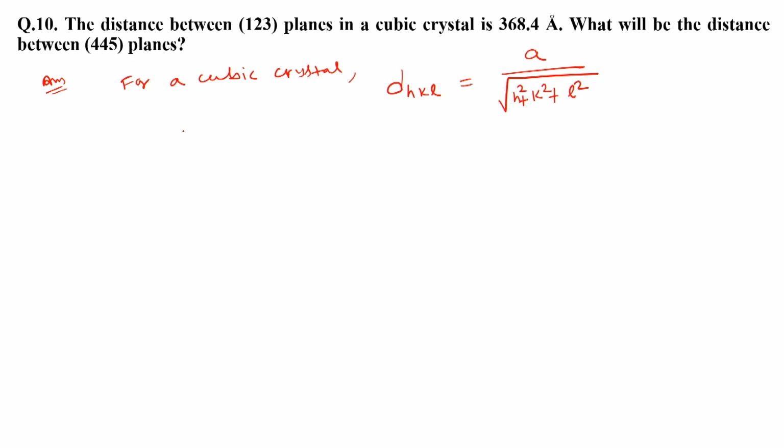Here, d_hkl for the 1 2 3 plane is 368.4, and h is 1, k is 2 and l is 3.